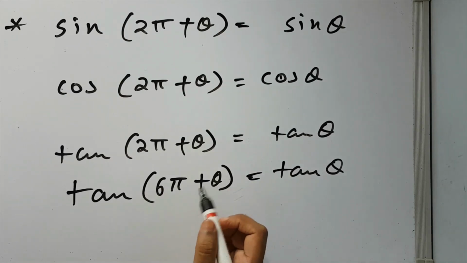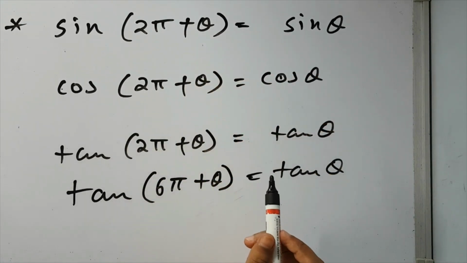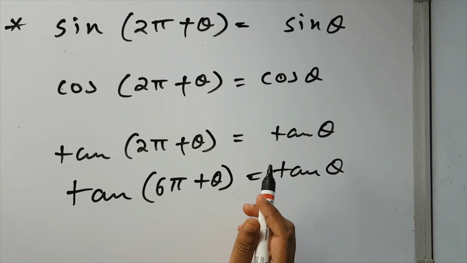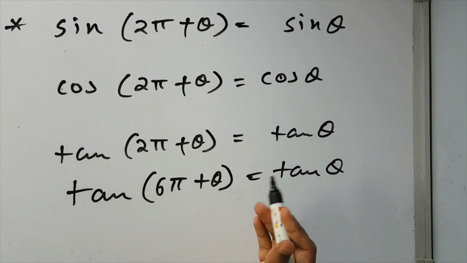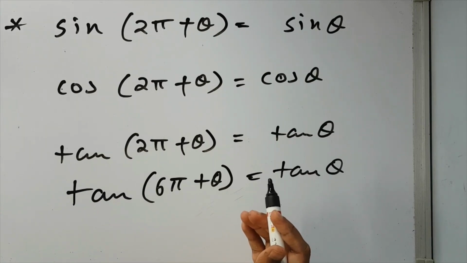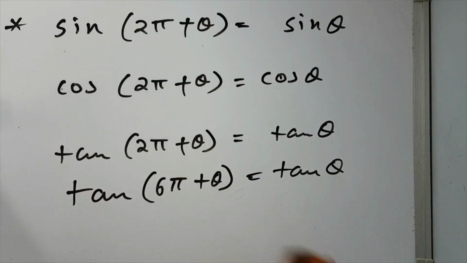That's the reason why sine, cos and tan are called periodic functions. They are trigonometric functions and they are periodic because they repeat their values after some intervals. Okay, that's it.